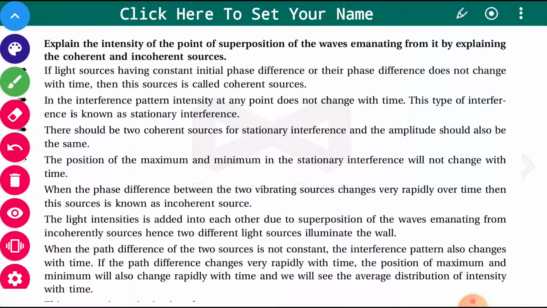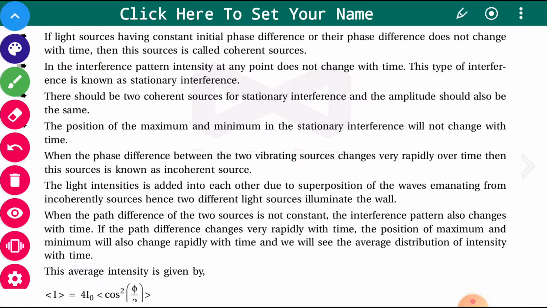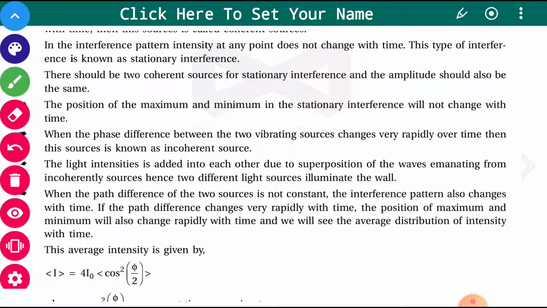This I have told you earlier in the other video also, that there must be a constant phase difference between the waves which are emerging from different sources. Okay, or we can say their phase is same, then also the sources are said to be coherent sources.